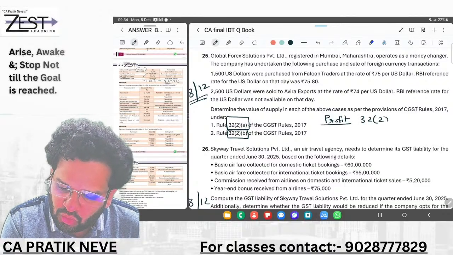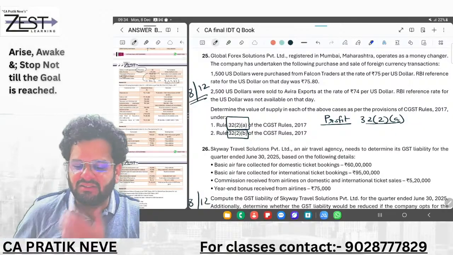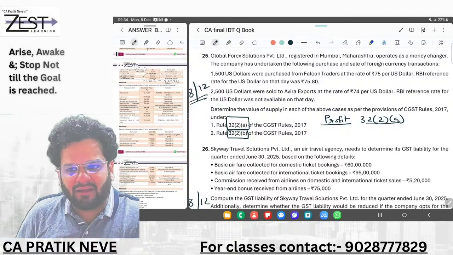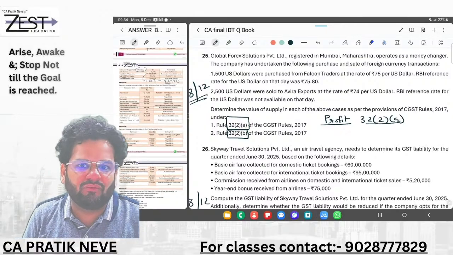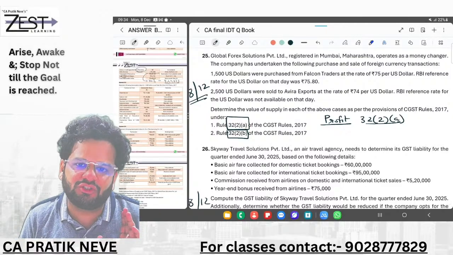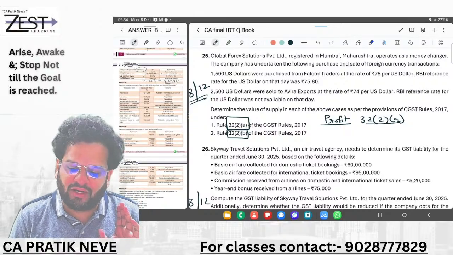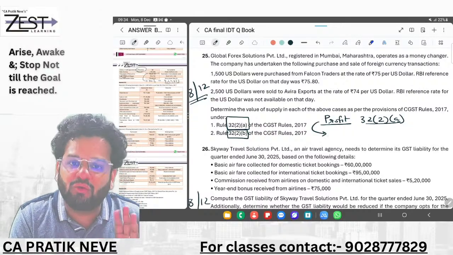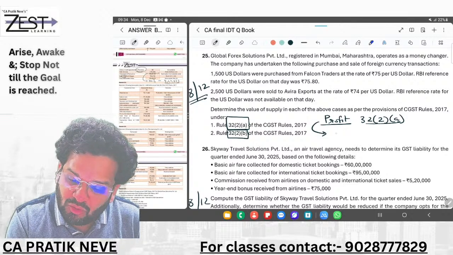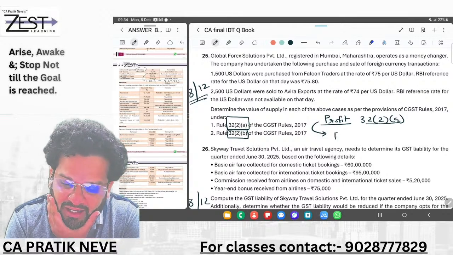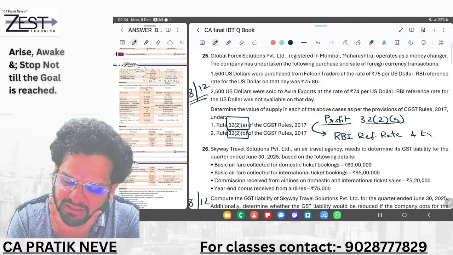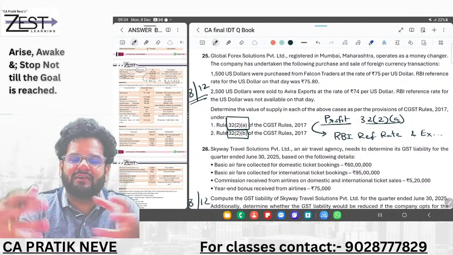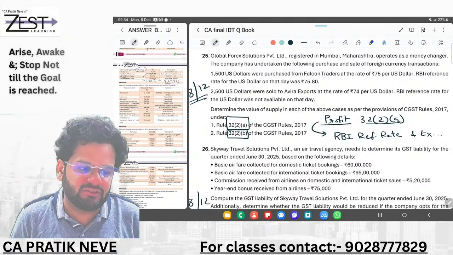In 32.2a, as the authorized dealer or as a bank, what are you earning on foreign exchange, that you have to check. How will you find out the profit? You have to find out the difference between your exchange rate offered and RBI reference rate. So RBI reference rate and exchange rate that authorized dealer has offered, we have to check the difference between that.